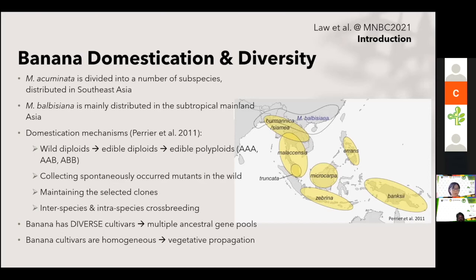Otherwise, we won't see so many different types of banana. So I still believe that at one point, maybe already extinct, there should be a progenitor banana which was still able to reproduce sexually.